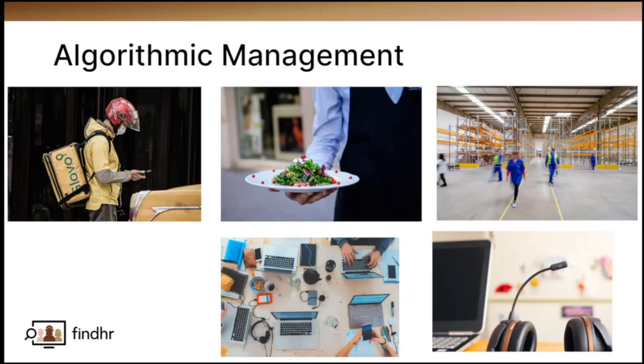I think we all know about the Uber drivers and food delivery people and cleaners that work on platforms and are algorithmically managed. There's a big slogan that I heard a lot in news reporting: before the AI replaces you, it's going to become your boss. That's what algorithmic management means.